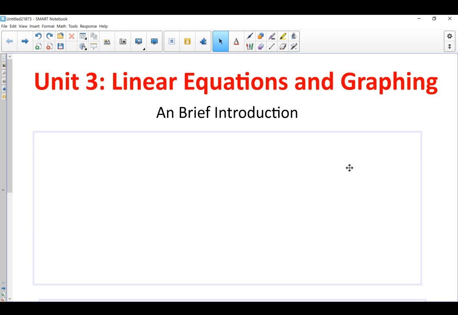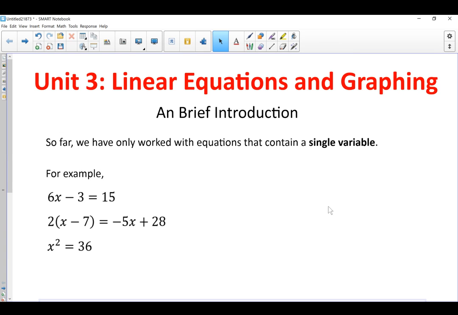So just to talk about what we've done so far in the class, so far we've only worked with equations that contain a single variable, right? Meaning they contain an x, or maybe a p, or maybe a w, but they don't contain more than one type of letter.